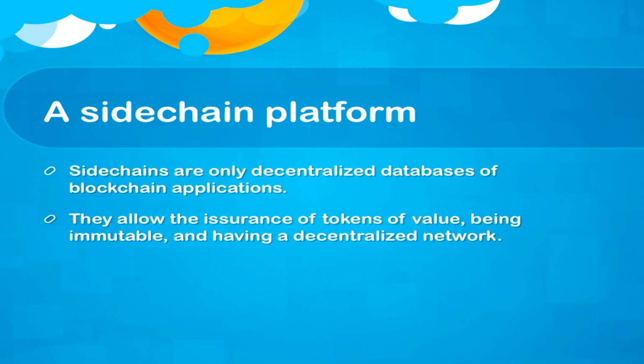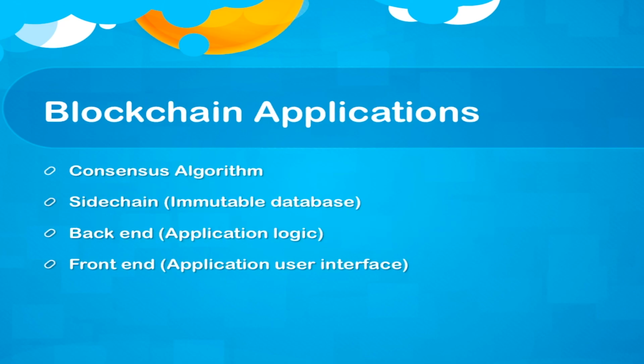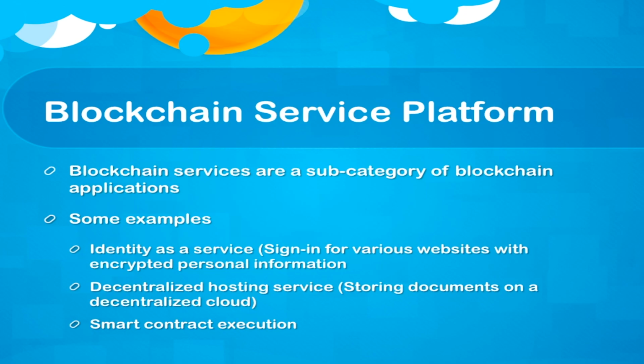So a sidechain platform is essentially a decentralized database of blockchain applications. They allow the insurance of tokens of value being immutable and having a decentralized network. Now we get into the blockchain applications. Essentially, blockchain applications consist of four things: a consensus algorithm, whether it be proof of stake or proof of work; a sidechain such as an immutable database; a backend for application logic; and a front end for the application user interface.